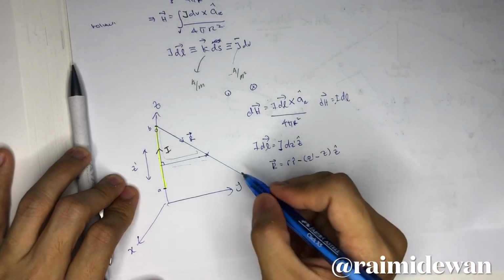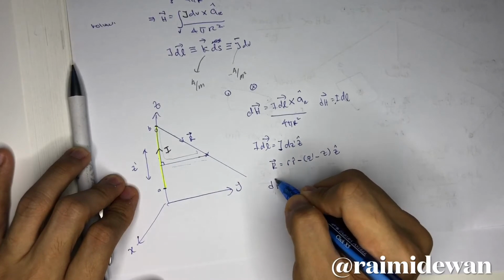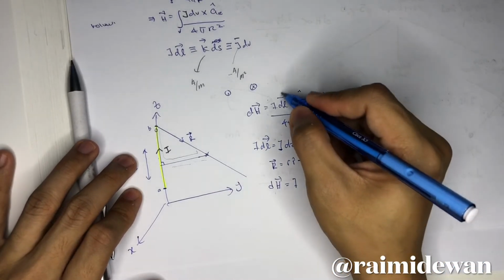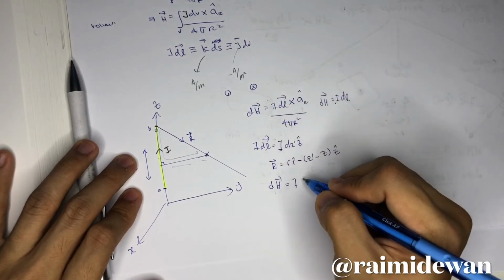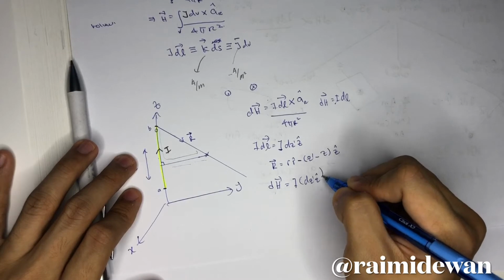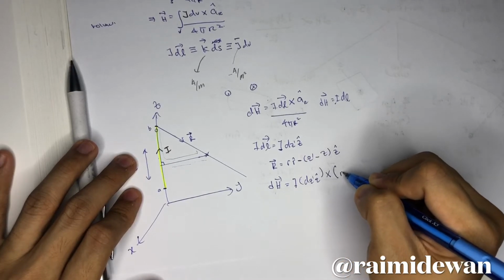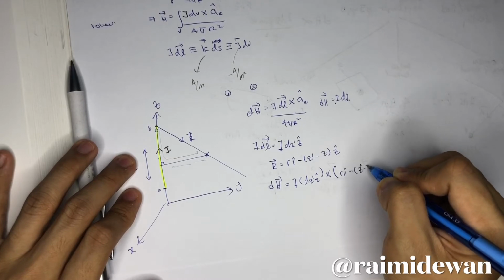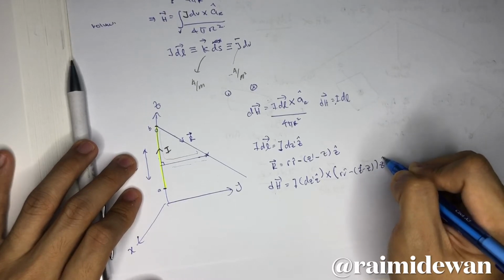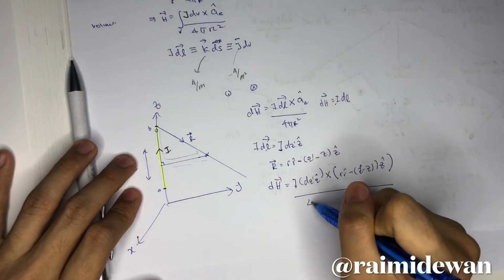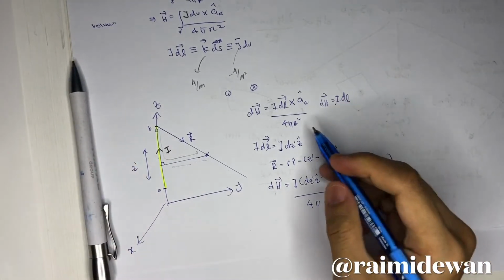So then what is your dh? Your dh is actually I dl here, cross product of r minus, over 4 pi r square. So what is your r just now? R is this.